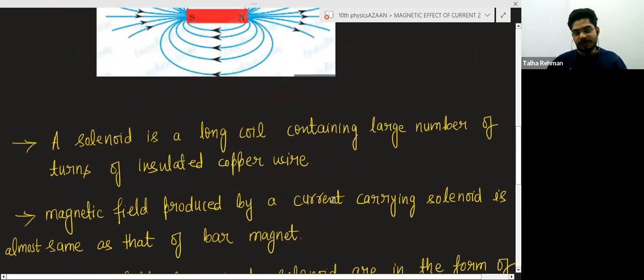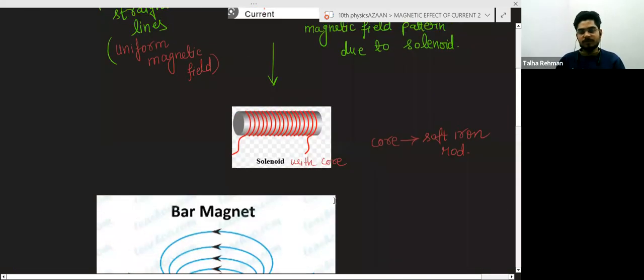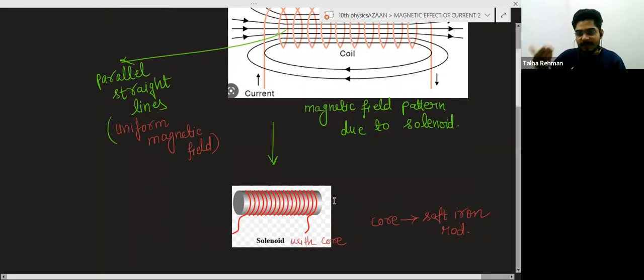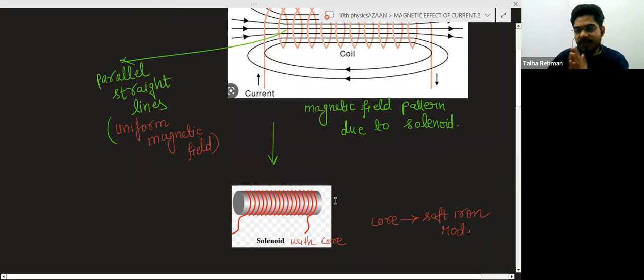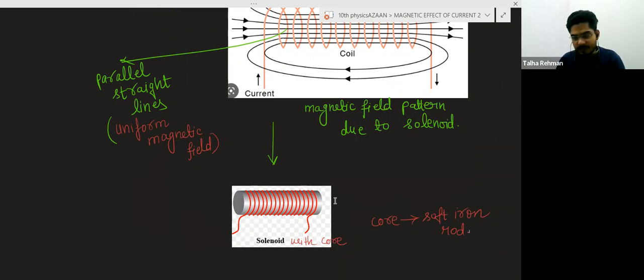We are using the soft iron core because the motive is to make an electromagnet in the solenoid. The solenoid is an electromagnet, and we are using a soft iron core in an electromagnet. What is the use of the electromagnet? To perform temporary magnetism.